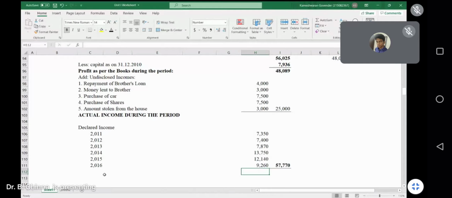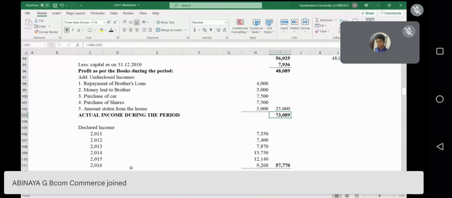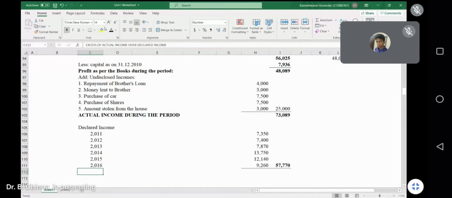So now we are going to arrive at the amount. Tell me the amount that is in excess, that is not filed with the tax authority. 48,089 plus 25,000. What is the final amount?